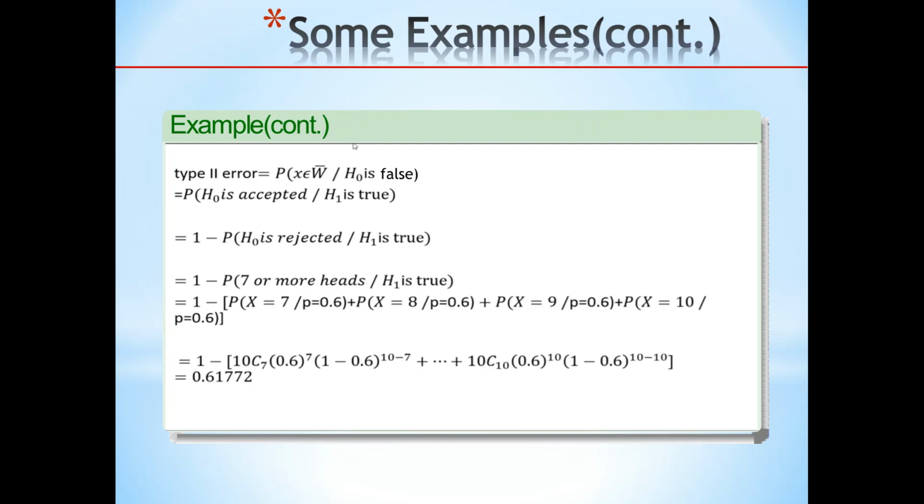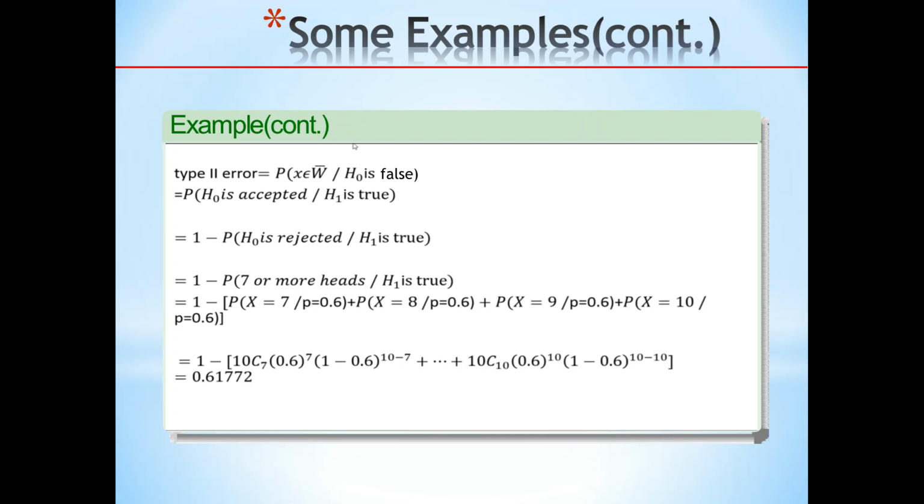Now for the type 2 error, we know the type 2 error is the probability of x not lying in the critical region given the null hypothesis is false, which equals the probability of the null hypothesis being accepted given the alternative hypothesis is true, which equals 1 minus the probability of the null hypothesis being rejected given the alternative hypothesis is true.